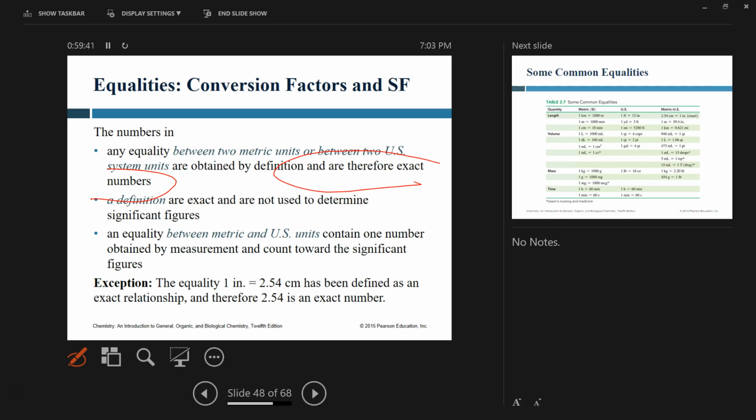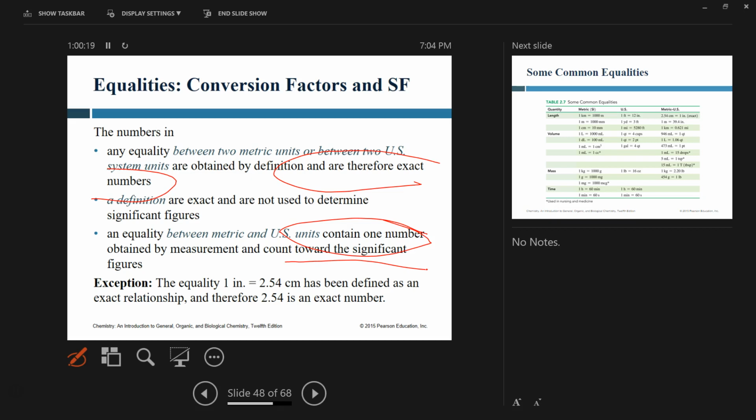Between systems, there is one number obtained by measurement. Okay? So between metric and US, there are significant figures. You can take a pound and put it on metric scales, and depending on how precise the scales are, it will give you a certain number of significant figures for the number of grams in 1 pound.